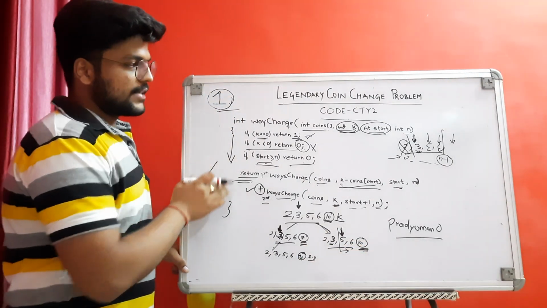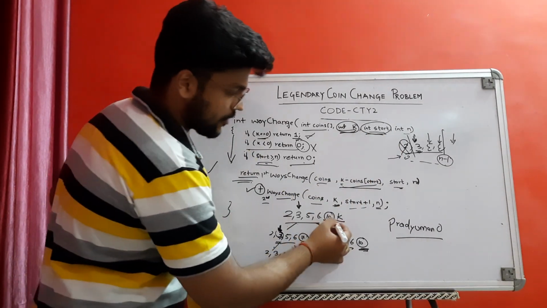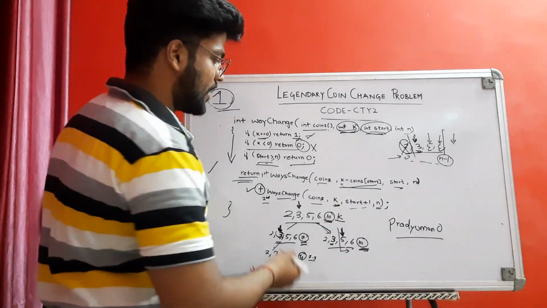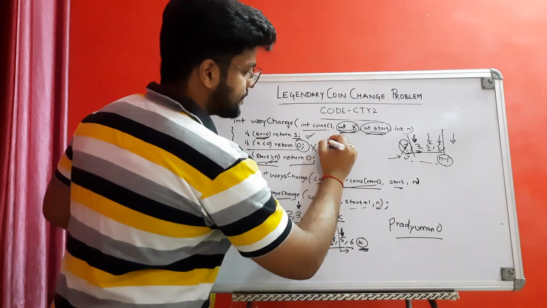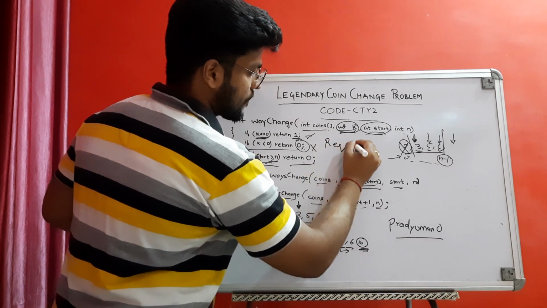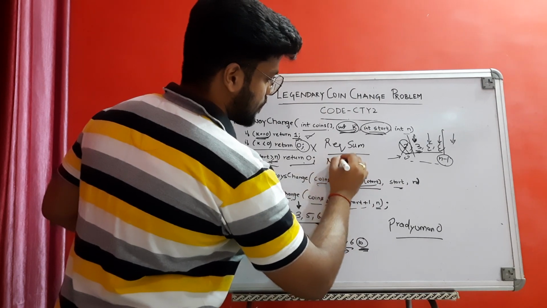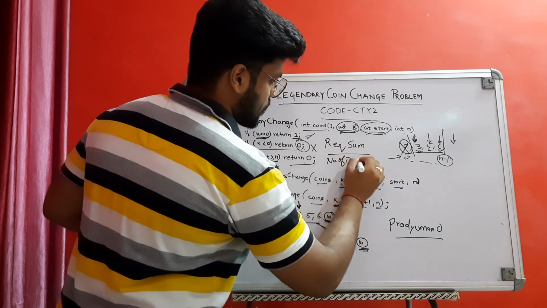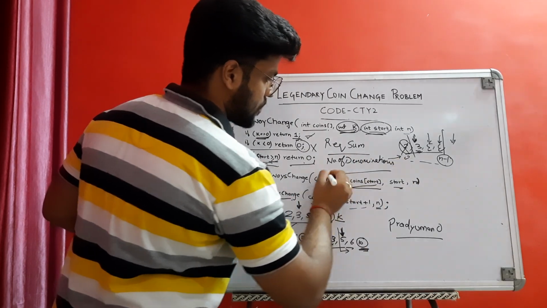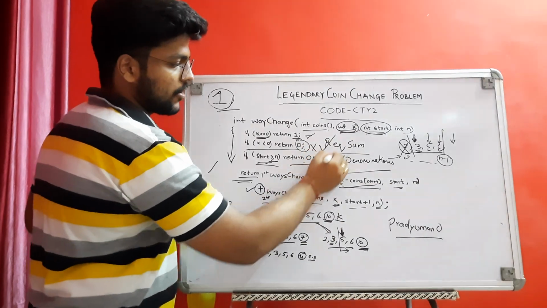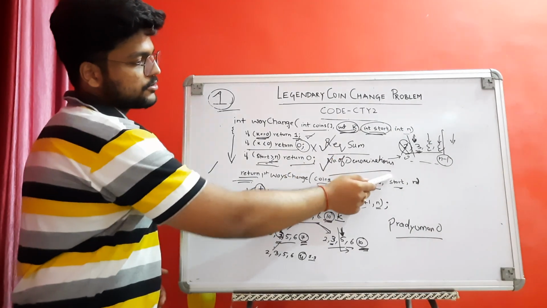My approach is revolving around this k and start: the required sum and the number of possible denominations.